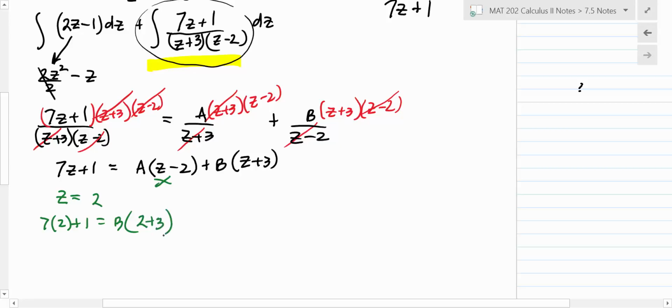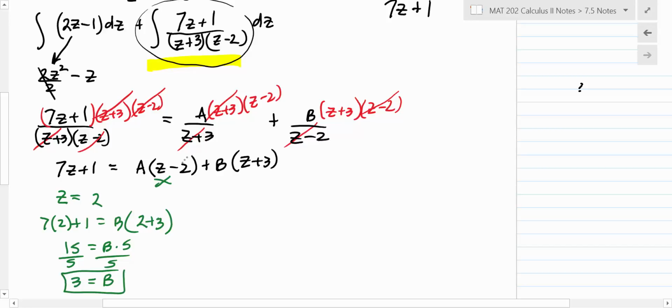So I think we can avoid doing a system on this problem. So it's kind of nice. That is 14 plus 1 is 15. That's b times 5. So if we divide by 5, we're going to get b is equal to 3, like that. Okay, so that's what we should get.